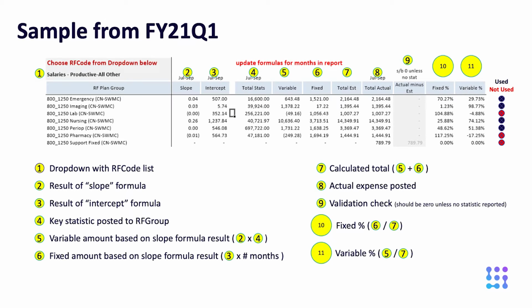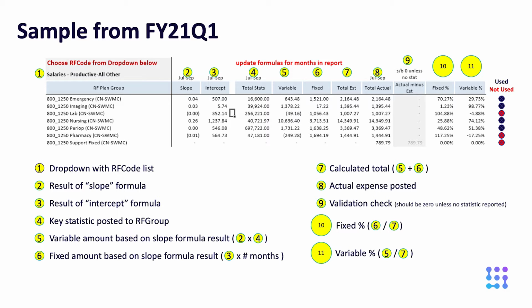So for the fixed variable component on the expense side, what we used was the slope formula within Excel, as well as the intercept formula within Excel. This next slide shows you how that formula works. I won't go over it, but it has the formulas that are in these results.